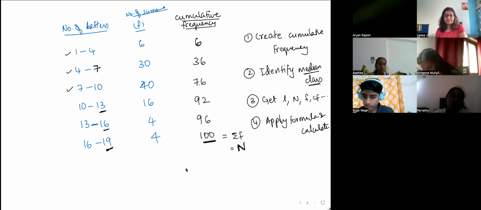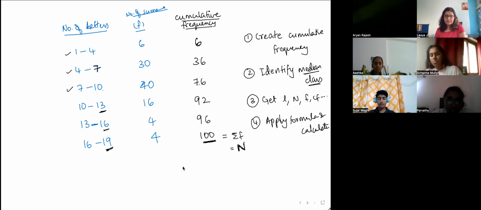Where will the center be? Where will the halfway point be? Between 76 and 92? Why between 76 and 92? Because they are the center numbers. Observation is in the center of the distribution, but it's not equally distributed, no?